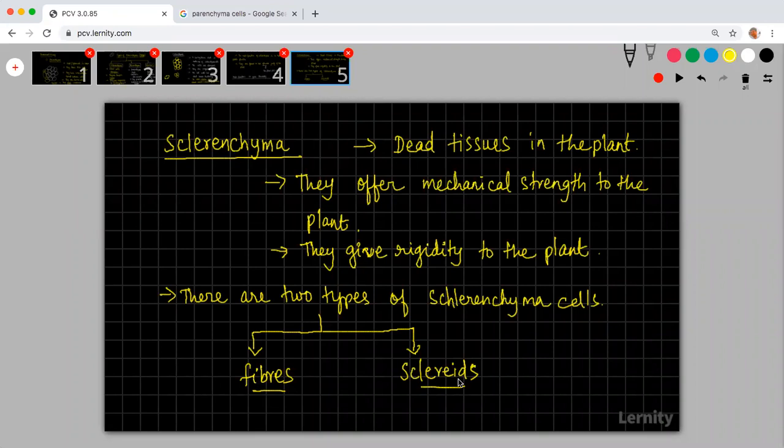I'll draw the diagram now in the next page. Yeah, I will explain the types. Just wait for some time.